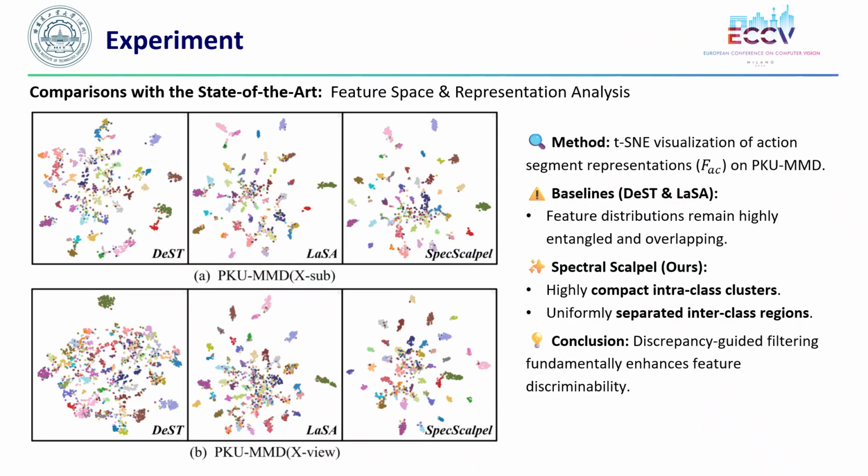Finally, the figure shows the TSNE visualization of our representation space. While baselines like DEST and LASA exhibit entangled feature distributions, Spectral Scalpel yields highly compact intraclass clusters and clearly separated interclass regions. This proves our filtering mechanism fundamentally enhances feature discriminability.